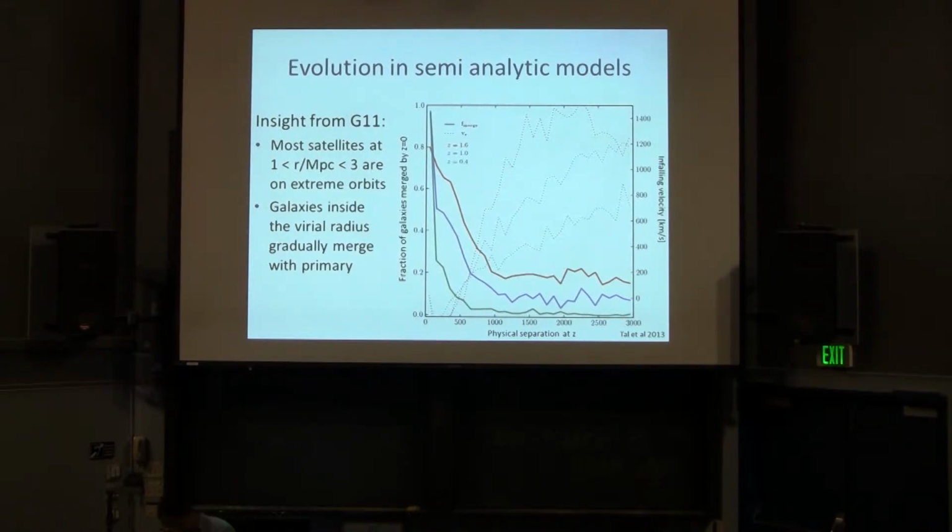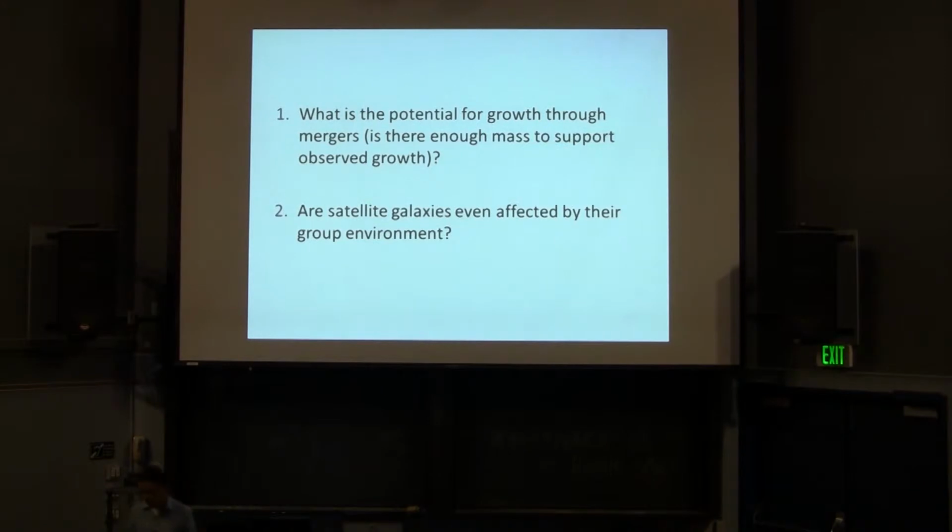So what does that mean? This actually brings up two important questions. First of all, we see that these galaxies either merge with the central if they're inside the halo, or they spend very little time in the halo. So what is the potential for growth? We measure the stellar mass growth.